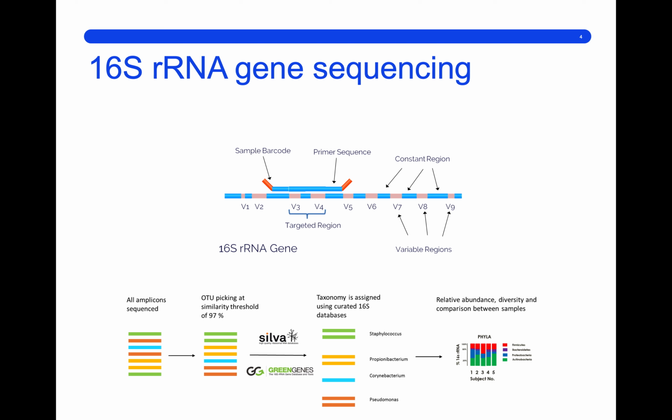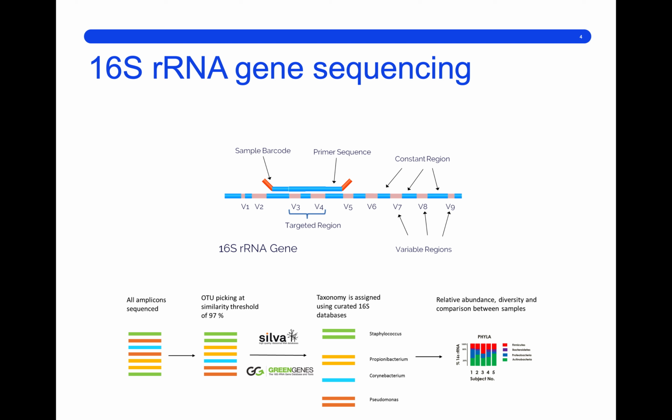And it has a very distinctive structure, which makes it quite useful for this purpose, in that it has a lot of variable regions, which vary quite a lot from one bacteria to the next, and then some very conserved regions. And so we can use these conserved regions of the genes to design primers, which can pick up a lot of different types of bacteria, and then sequence through some of those variable regions, which can also give us more information on what type of bacteria specifically are in our sample.